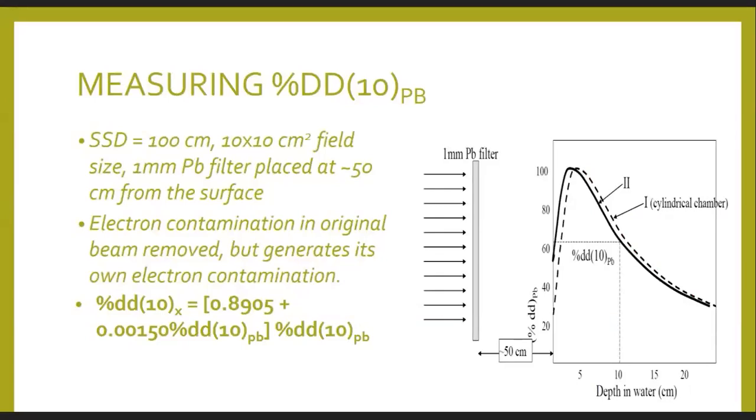The second percent depth dose measurement, with a lead foil, is needed for the beam quality specifier. The lead foil is placed to remove the electron contamination, and from that curve we can get the PDD at 10 cm that's required to get the beam quality specifier for that beam.